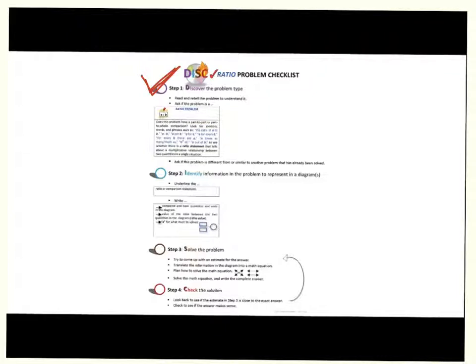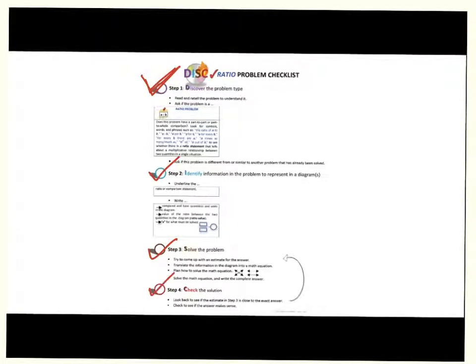Step 2, identify information in the problem to represent in a diagram or diagrams. So underline things that are important, figure out the values that are important, what do we need to find, etc. Step number 3, you actually solve the problem and do the math. So come up with an estimate, you can plan how to solve it, all sorts of things like that.